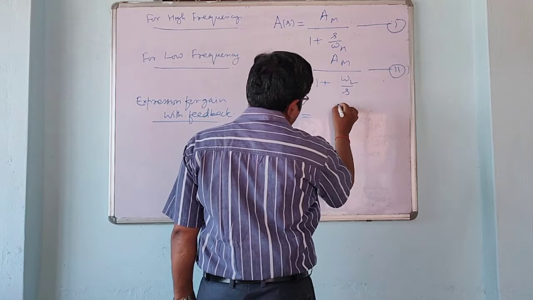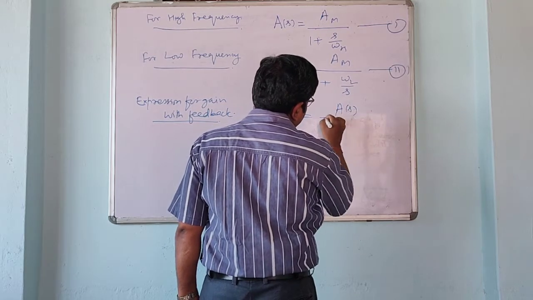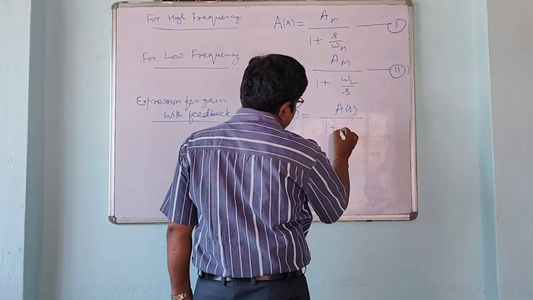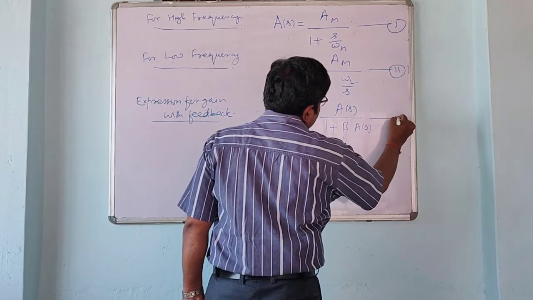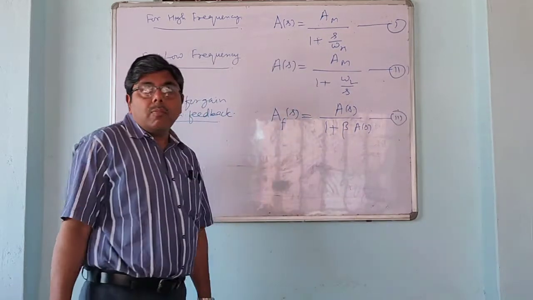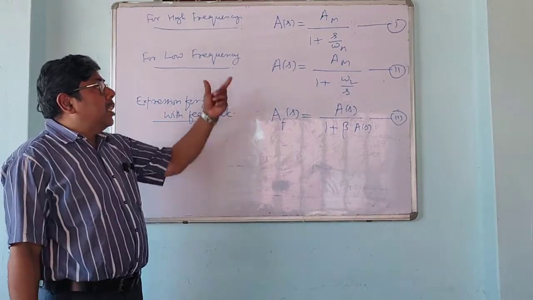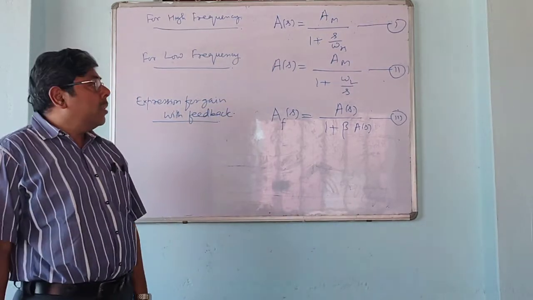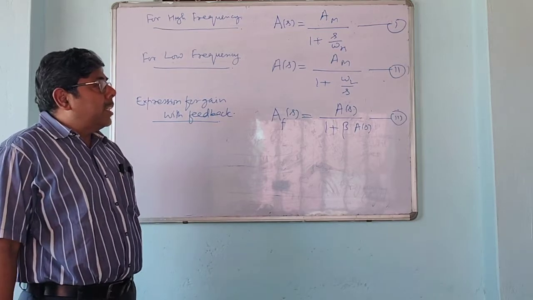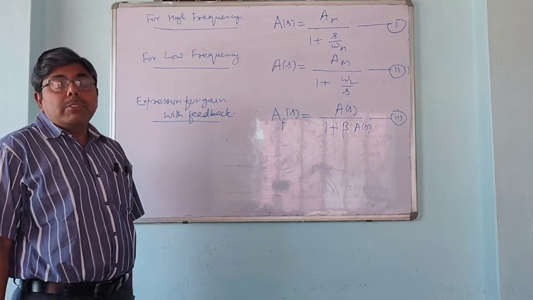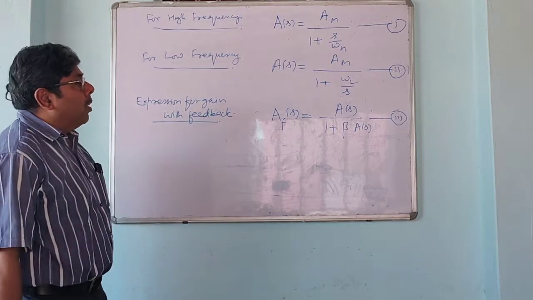This is the gain without feedback upon 1 plus beta times A(s). So this is the third equation. These are three basic equations. By using these, we can show upper 3 dB frequency is increased and lower 3 dB frequency is decreased.